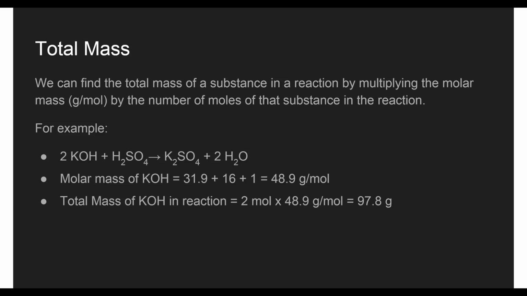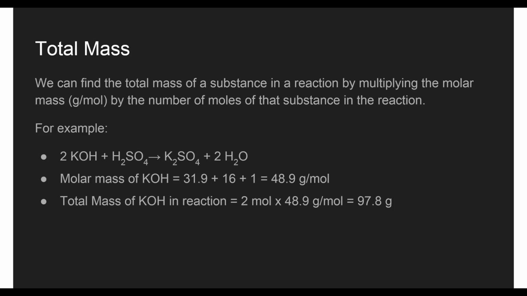The next piece we have to talk about is total mass. We can find the total mass of a substance in a reaction by multiplying the molar mass, again grams per mole, by the number of moles of that substance in the reaction. So for example, we have this reaction right here.